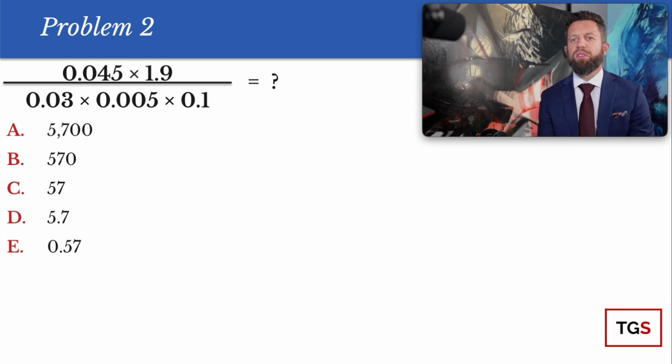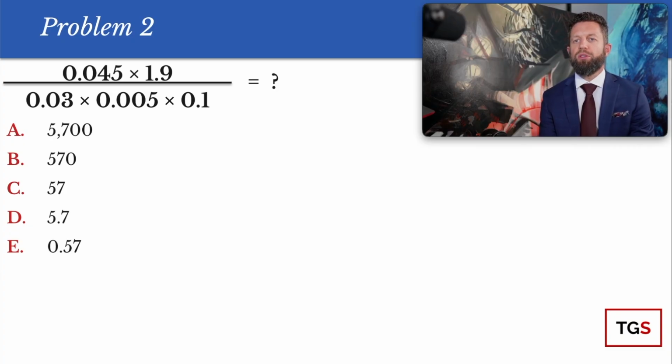And I'll read that again. The numerator of the fraction is 0.045 times 1.9. The denominator of the fraction is 0.03 times 0.005 times 0.1. Option A is 5,700.